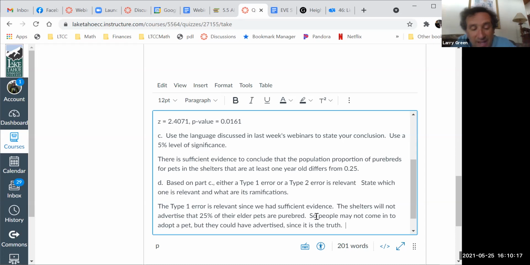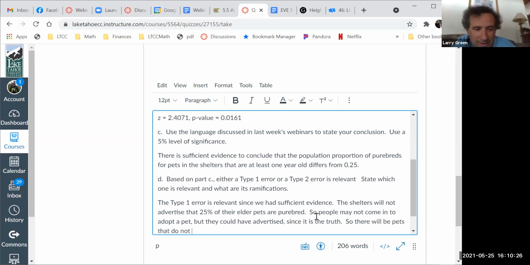Okay, and in this case, there'll be pets that are not getting adopted. Any questions on that idea? So you just get creative.